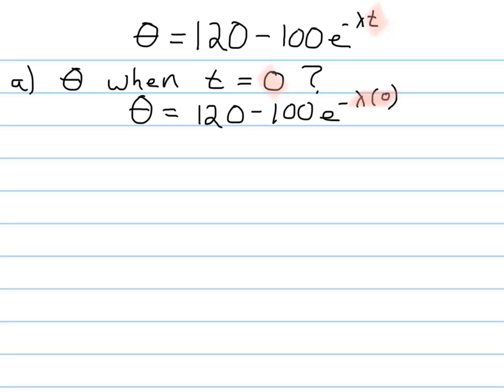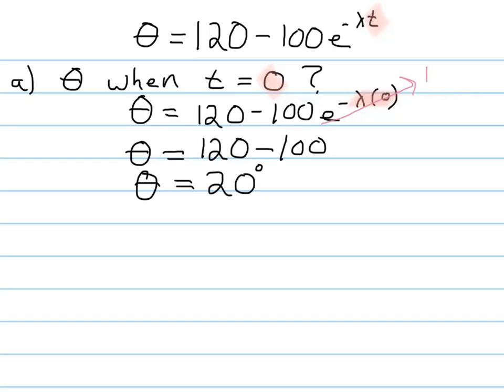So theta equals 120 minus 100 times the quantity e to the negative lambda times 0. That means that this quantity is 1, because anything raised to the 0 power is 1. Then we know that theta equals 120 minus 100. So theta equals 20 degrees Celsius.